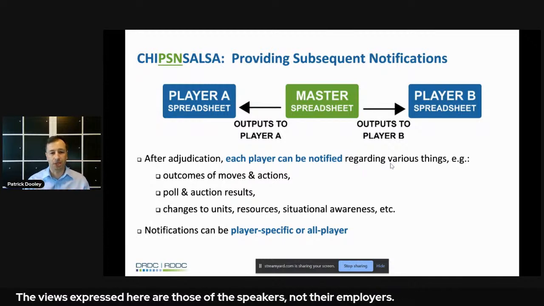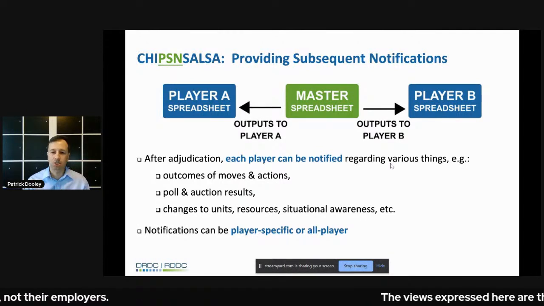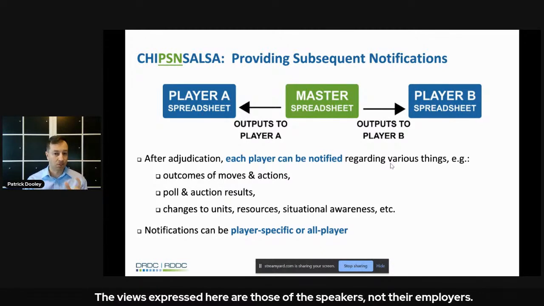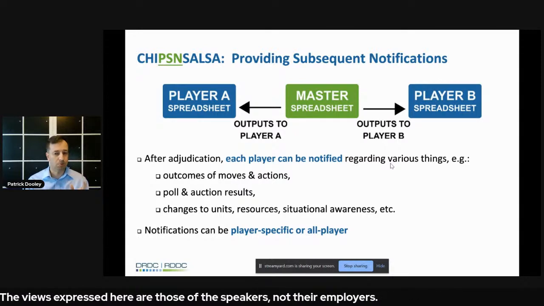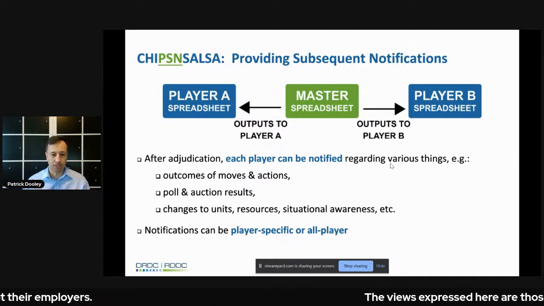So after adjudication, each player can be notified of things like the outcomes of their moves, the outcomes of polls and auctions, changes to their units and resources, or we can update players' situational awareness. And we can pass unique notifications to players, so they're player specific, or if we want to have a global announcement, we just post the same information to all players on their various links at the same time.